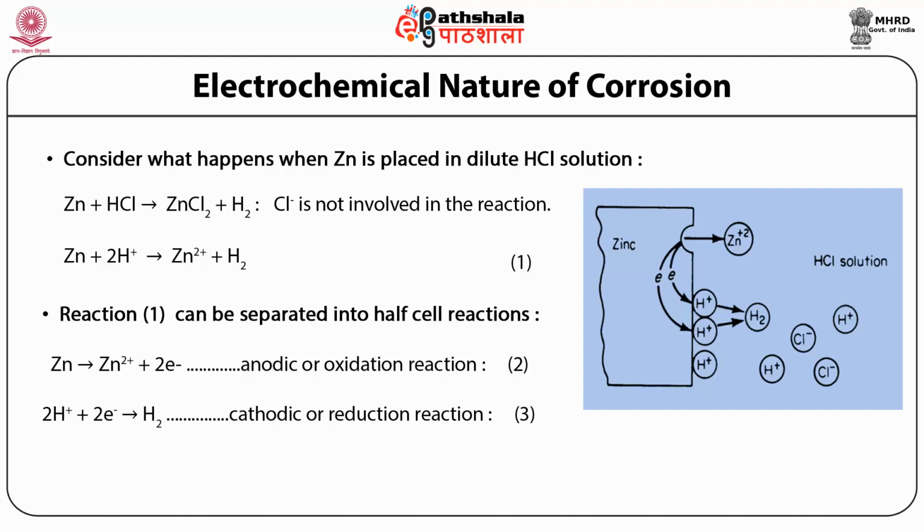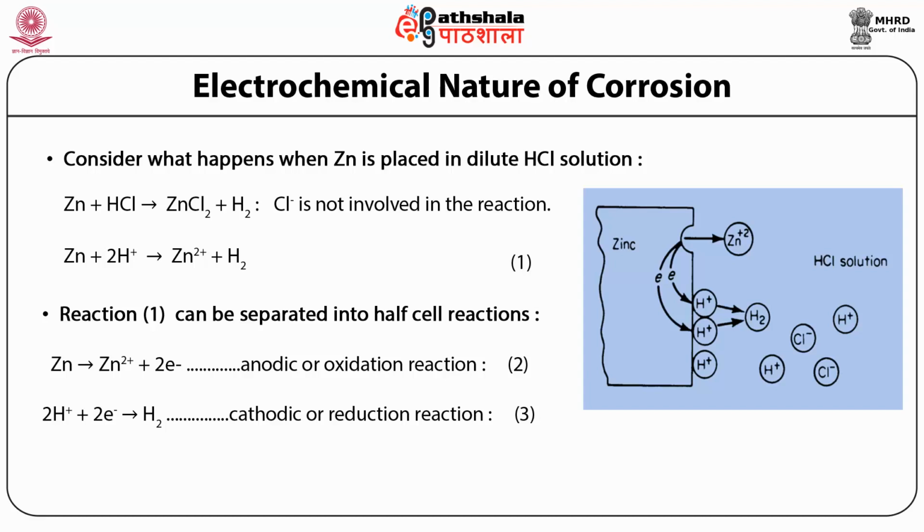Moreover, the electrons liberated due to the dissolution of zinc at the metal surface migrate through the metal electrode to the site where the hydrogen ion gets reduced. All the four processes are clearly depicted in this figure.